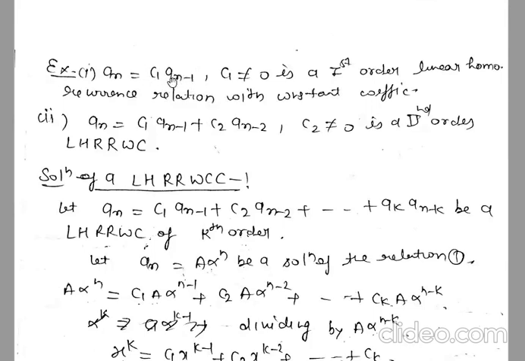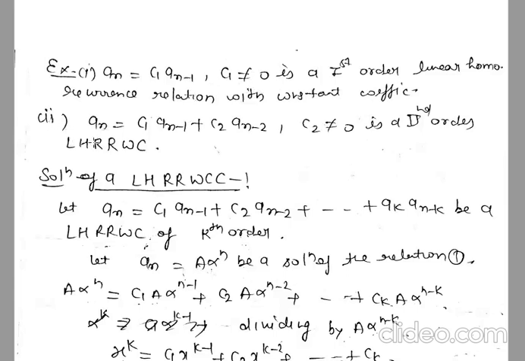If C1 does not equal 0, then we can define the order of the recurrence relation. That means 1 is the order. So this is a first order linear homogeneous recurrence relation with constant coefficient, where C1 does not equal 0. So the order of this recurrence relation is 1.